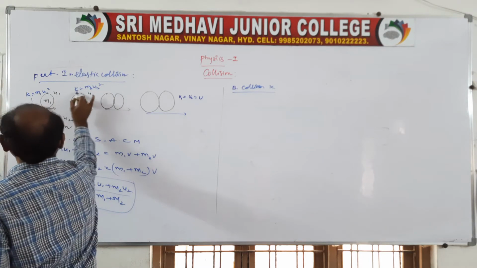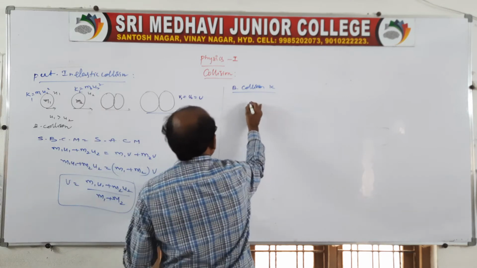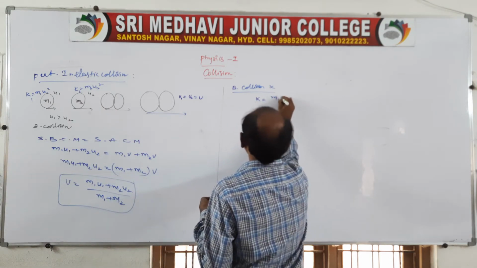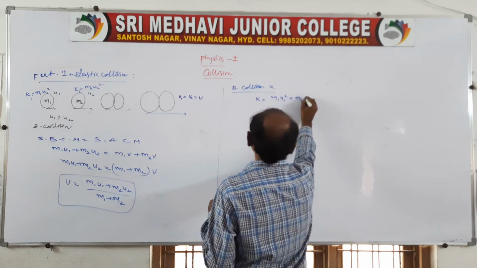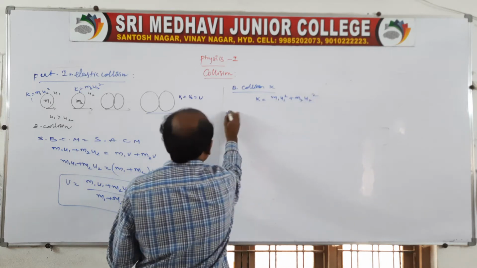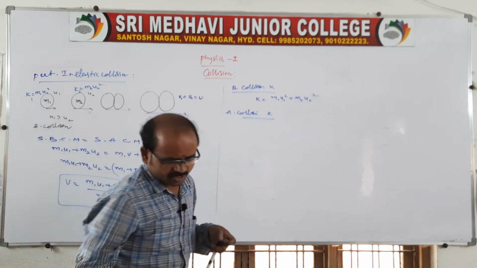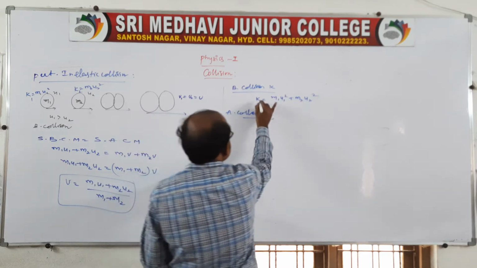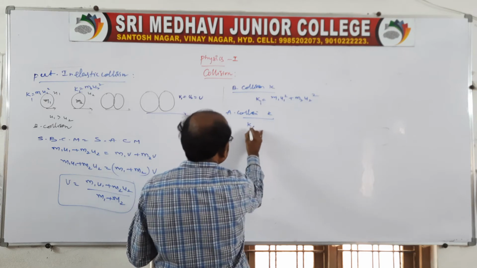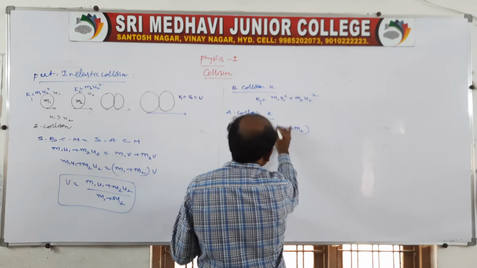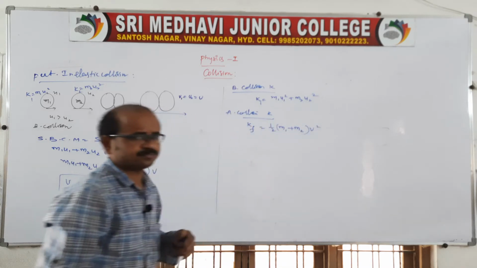So the sum before collision is 1 by 2 m1 u1 square plus 1 by 2 m2 u2 square. This is the initial kinetic energy. After collision, both bodies move together, so the final kinetic energy involves m1 plus m2 with the common velocity squared.